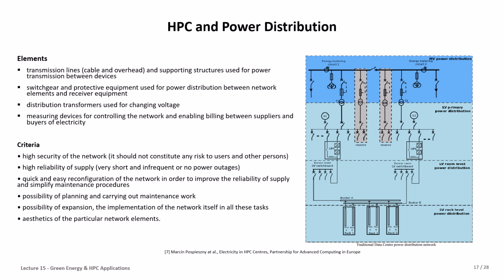Regarding the power distribution for the HPC system, there are also some elements and criteria that need attention. For example, it should be a secure transmission system, because when the HPC system is working on demand, assuming you are running a very big problem that will take maybe a couple of hours or maybe days, if there is no secure distribution system and a shutdown happens, all the previous computation may be lost, and it will need to be computed again.